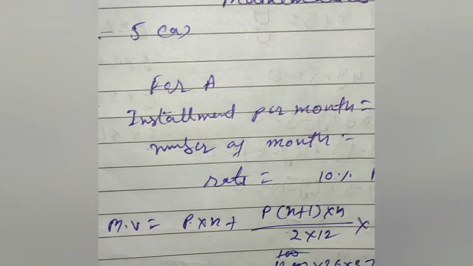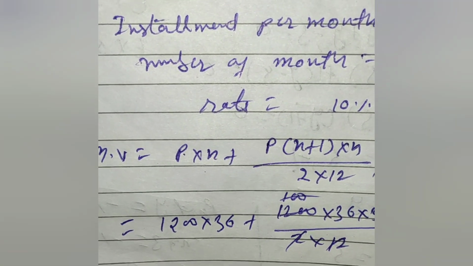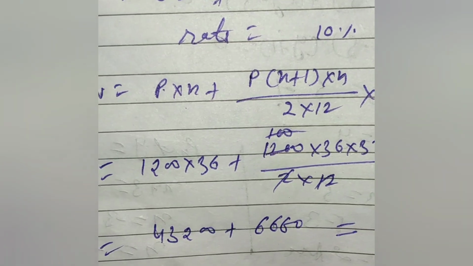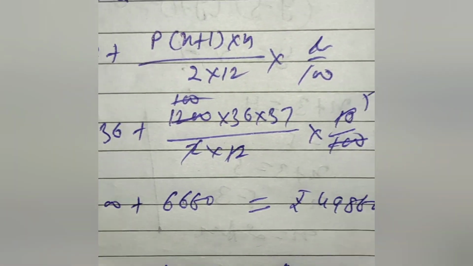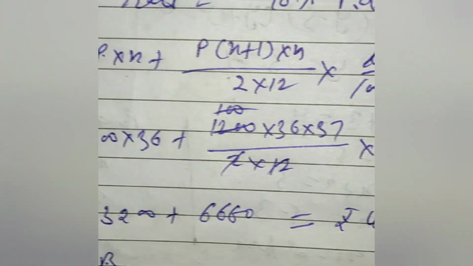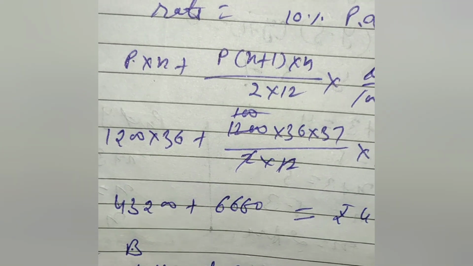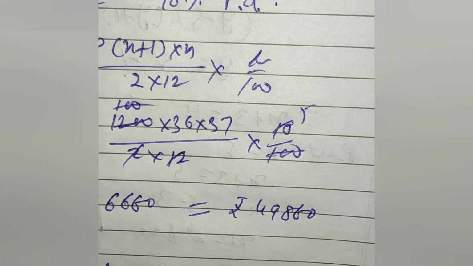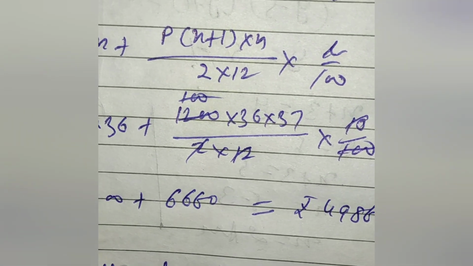Now in the same way for B, installment per month is rupees 1500 and time is 2.5 into 12, which is equal to 30 months, and the rate of interest is the same, 10% per annum.